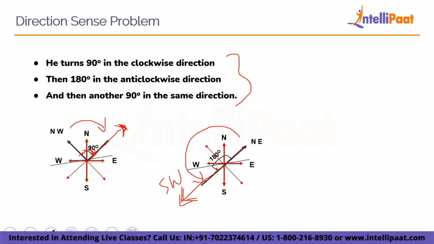And the last statement says that he turned another 90 degrees in the same direction, right? So right now he is here, and from here he turned 90 degrees again in the same direction. So right now he is in this direction, that is southeast direction, right?